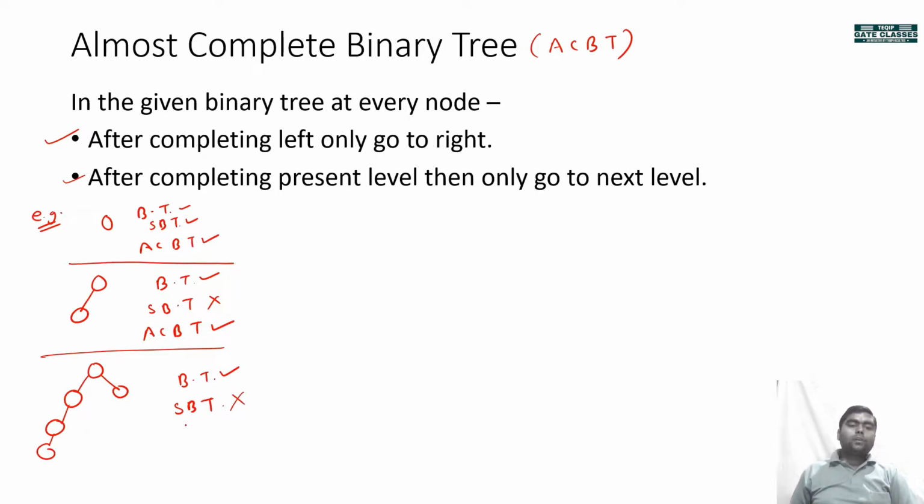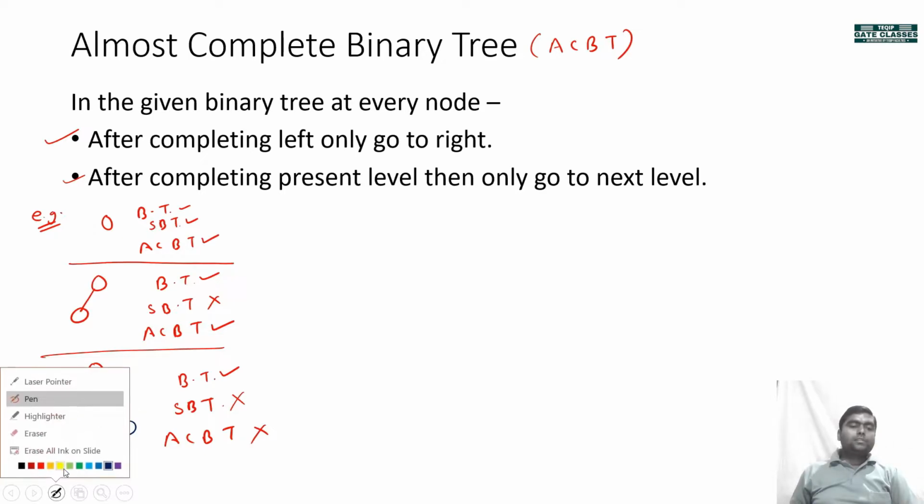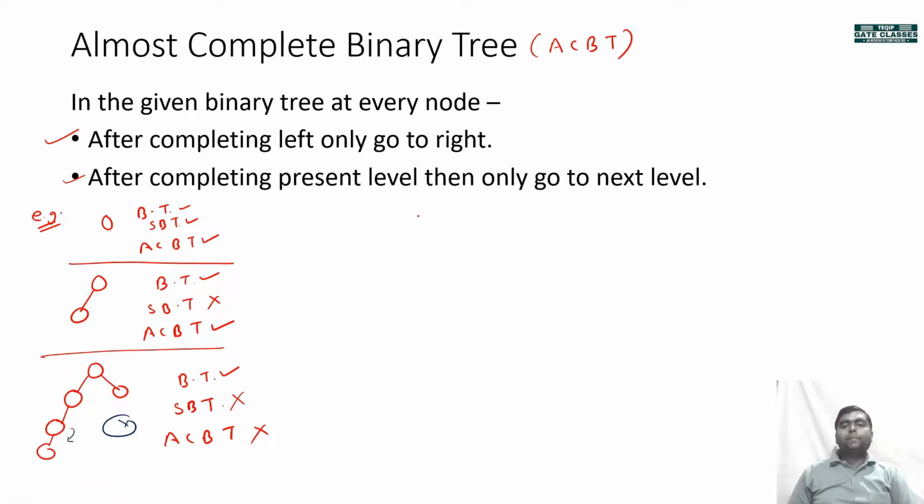And it is also not an almost complete binary tree, because it is failing the almost complete condition: this node is not filled. We just move on to this particular node after this, that's why. Okay, so I hope that this is clear. Let us take one more example. Say this, these are the given nodes.